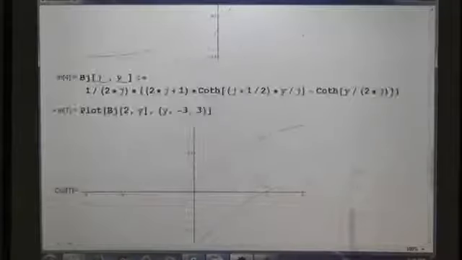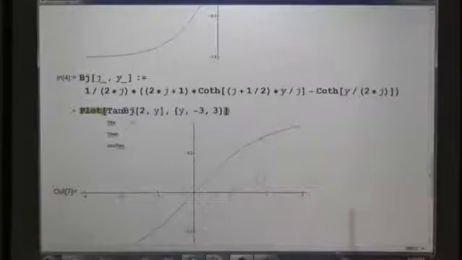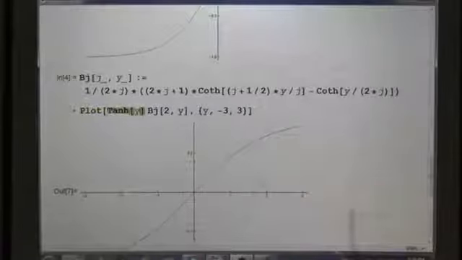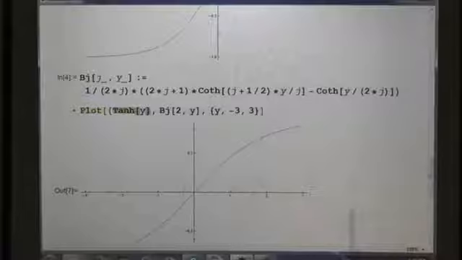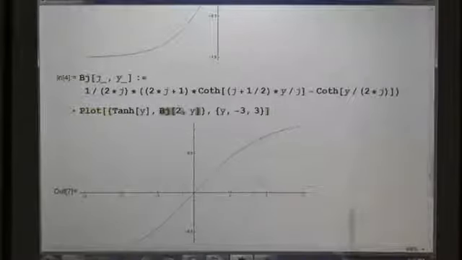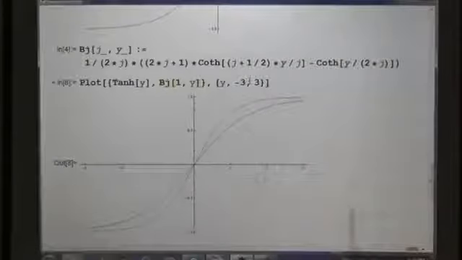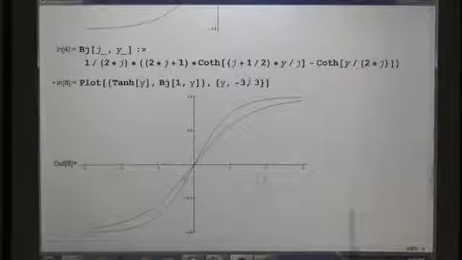So I would like to plot the tanh function with respect to Y, and a spin 1 system. I'm keeping the Y variables same, and I'm plotting both of these functions on top of one another. The blue function is the spin half system, and the purple function is the magnetization of the spin 1 system. I can even go further. I can plot a spin 3/2 system on the same graph.